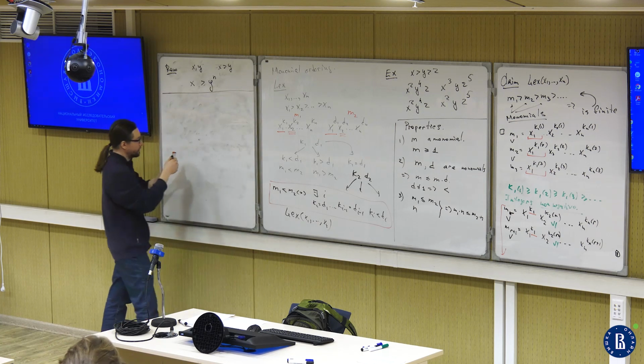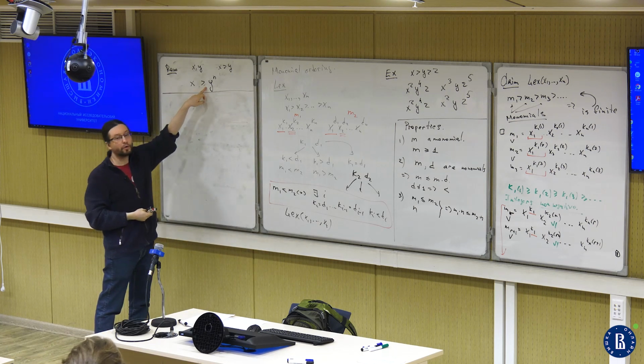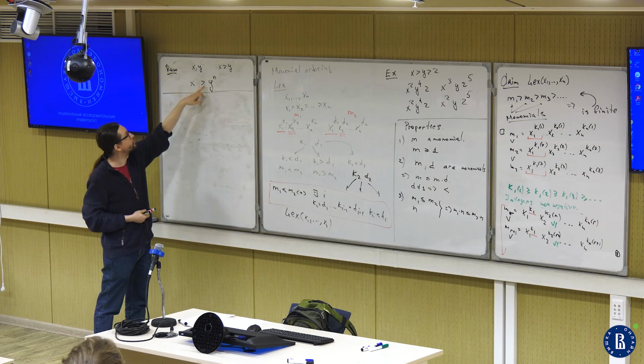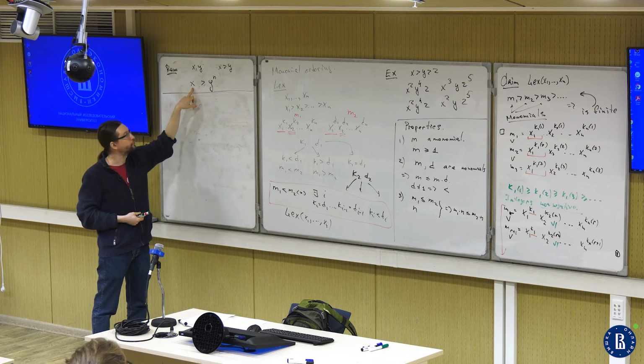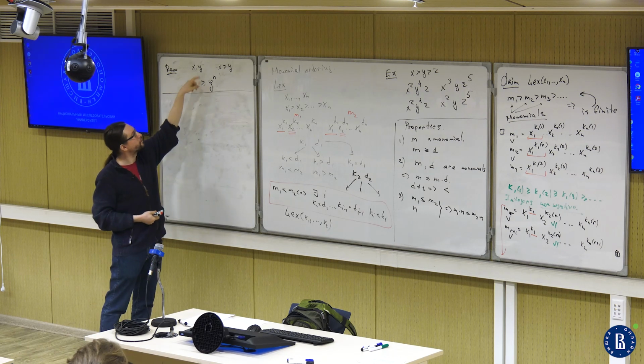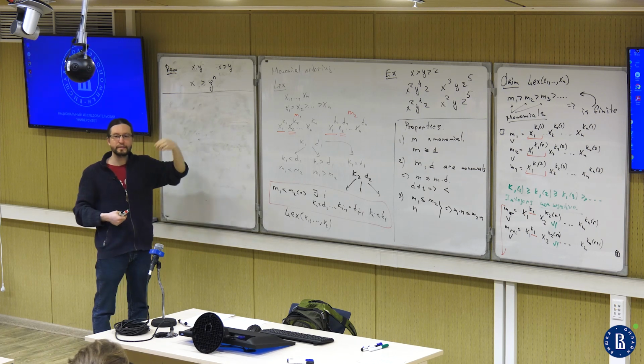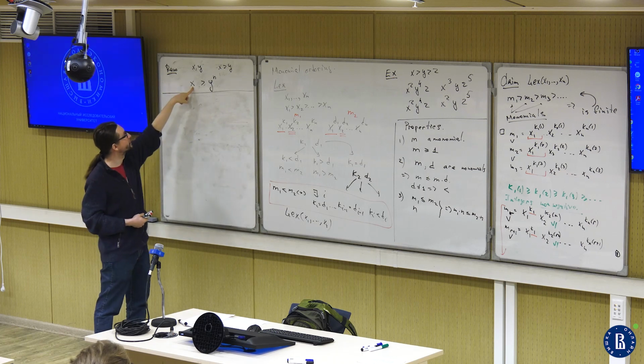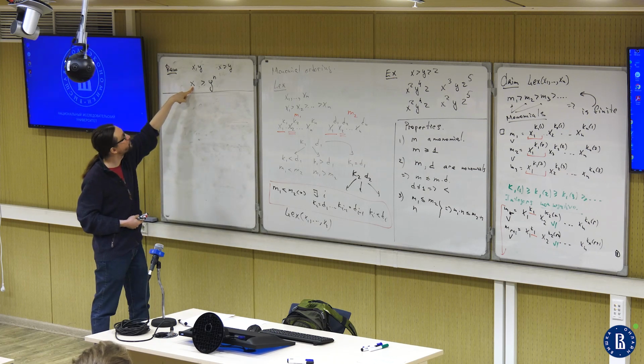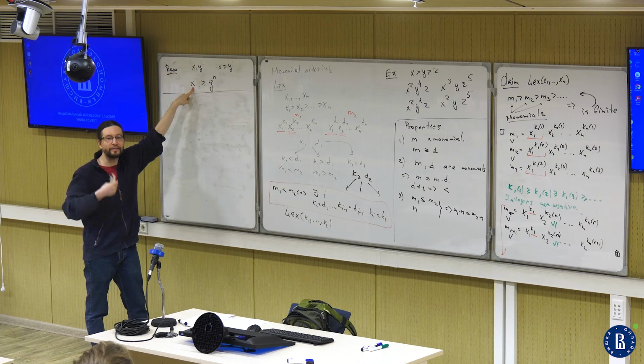So you see, these are all possible monomials which are strictly smaller than x. There are infinitely many monomials strictly smaller than x. But if you want to produce a sequence, it cannot be infinitely long. Why? Because if you have x as the first monomial, then you should choose the second monomial.